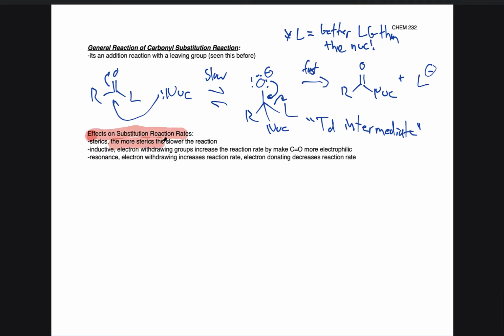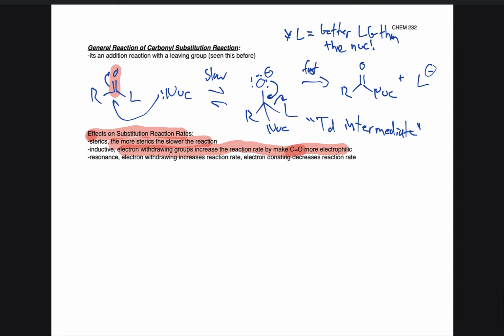So the more sterics that exist, the slower the reaction. Inductive effects, meaning electron withdrawing groups, increase the rate by making that carbonyl more electrophilic. So anything that can make this carbonyl more electrophilic means the reaction is going to happen faster.